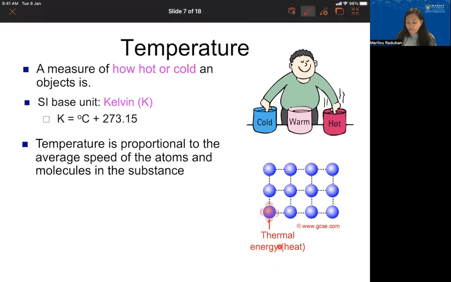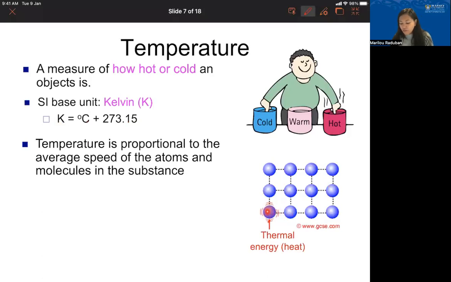Okay, and if you have this heat or thermal energy, then this energy will cause the atoms in the material to vibrate. And the vibration of the atom will cause it to, of course, move to and fro, and will cause it to collide with the neighboring atom.